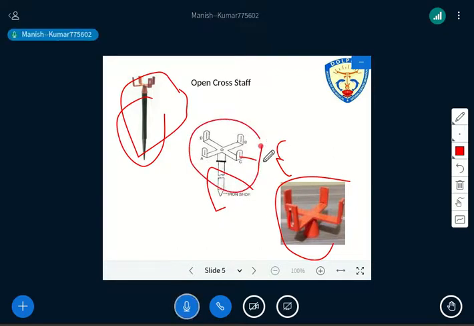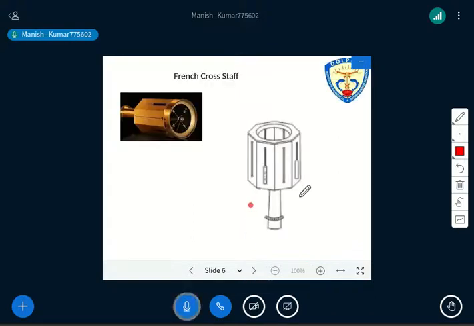This is the first cross staff, the open cross staff, and the function of the French cross staff is almost the same, with slits. Here what you have seen is octagonal, right? Octagonal means it has 8 sides. Here you have seen the simplest cross staff, the open cross staff, and now it is the French cross staff.